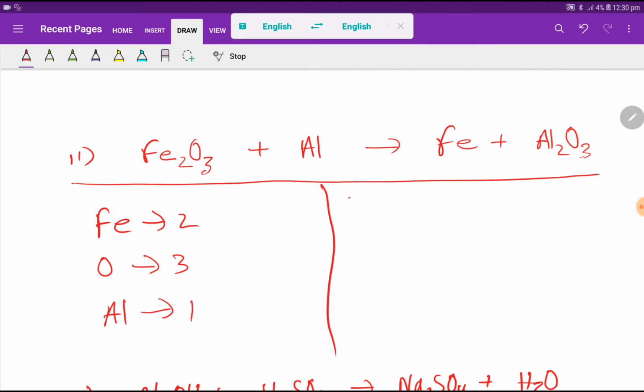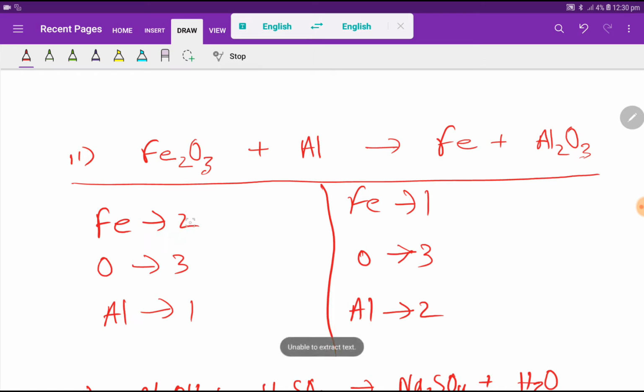On the right hand side we have iron, that is 1, aluminium, that is 2, and oxygen, that is 3. To balance this reaction means we have to balance the number of iron, oxygen and aluminium atoms from both sides of this equation.